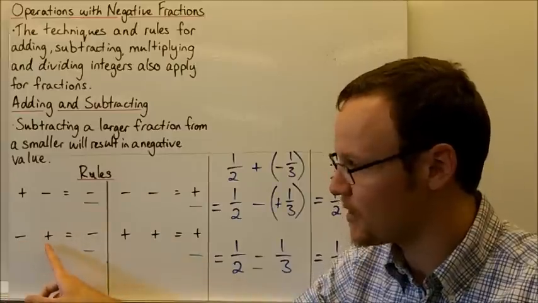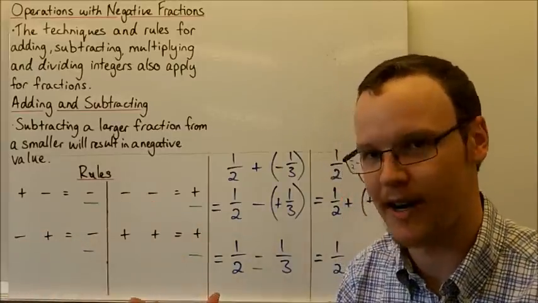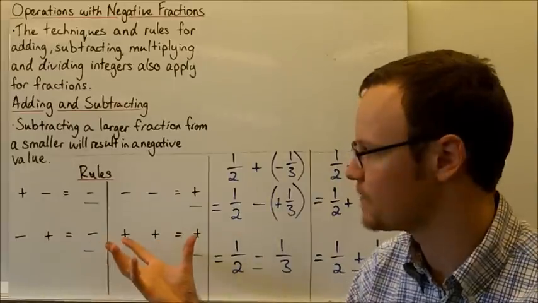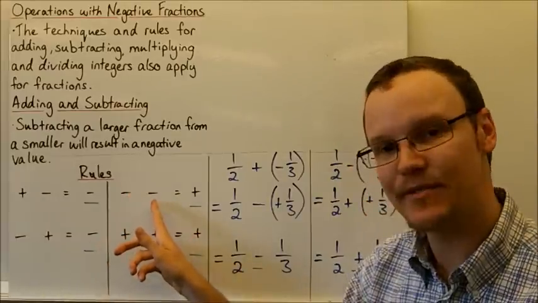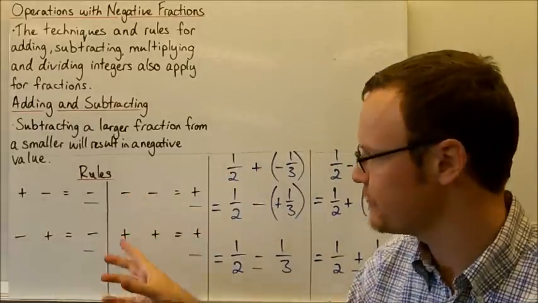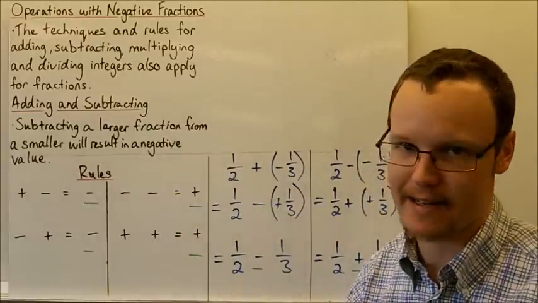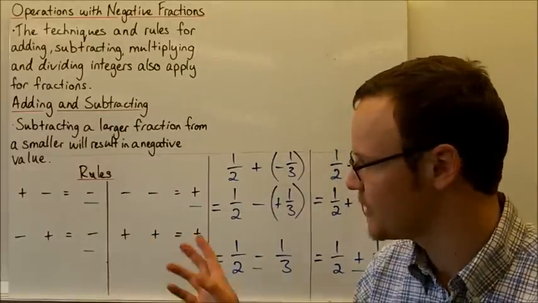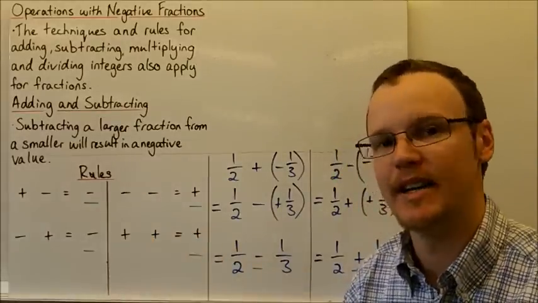If we subtract a positive, that's the same as just subtracting the integer or the fraction. If we subtract a negative integer or fraction, then that's the same as adding that integer. And if we add a positive integer or fraction, that's the same as adding.